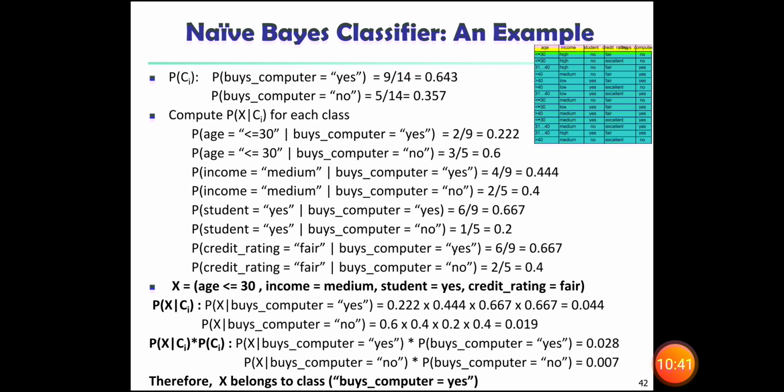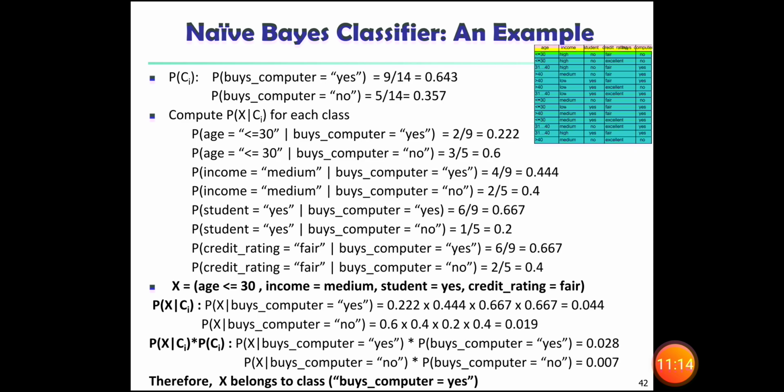So this is for P of X given Ci. In the same way we calculate P of X given Ci into P of Ci, that is P of X given buys computer yes into P of buys computer yes. P of buys computer yes we found in the beginning, so that value is multiplied with the recently found value, and we get 0.028.